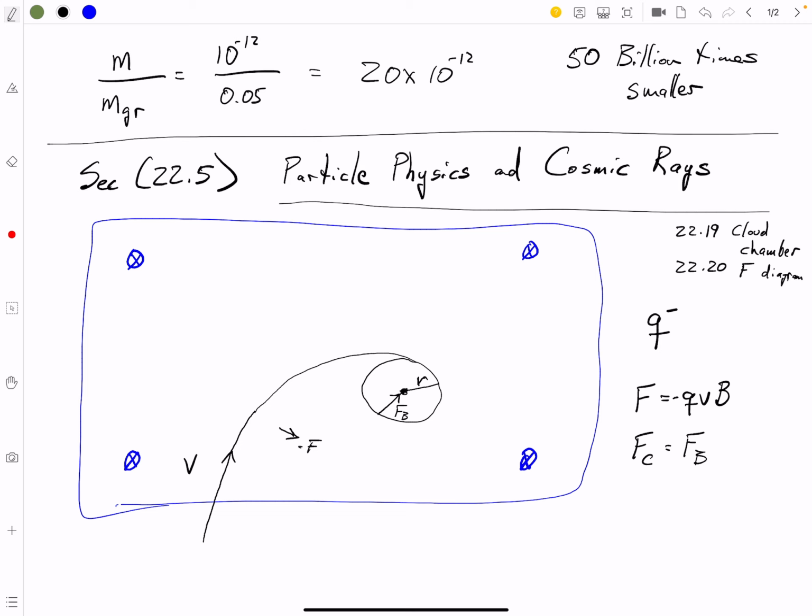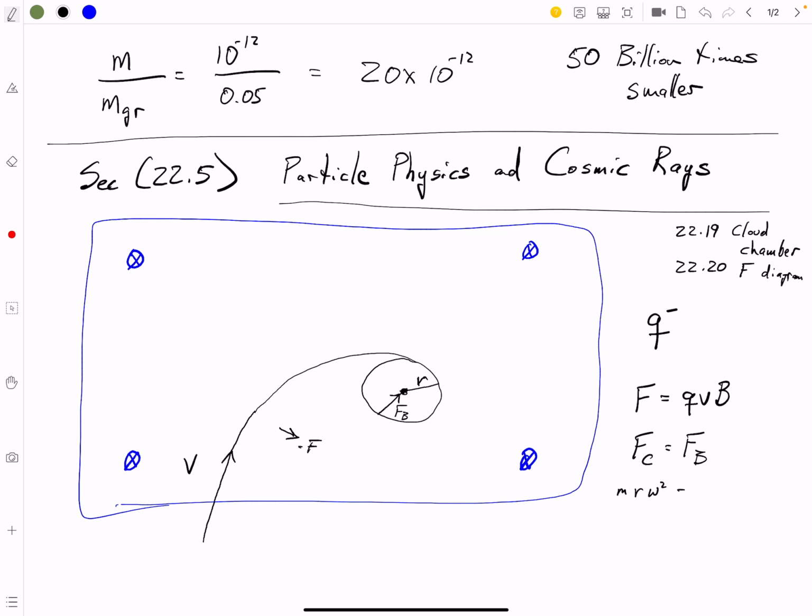I'm going to get rid of the negative sign because I've already flipped the sign of the force. So the mass of our object times AC, and you guys should remember AC is r omega squared.